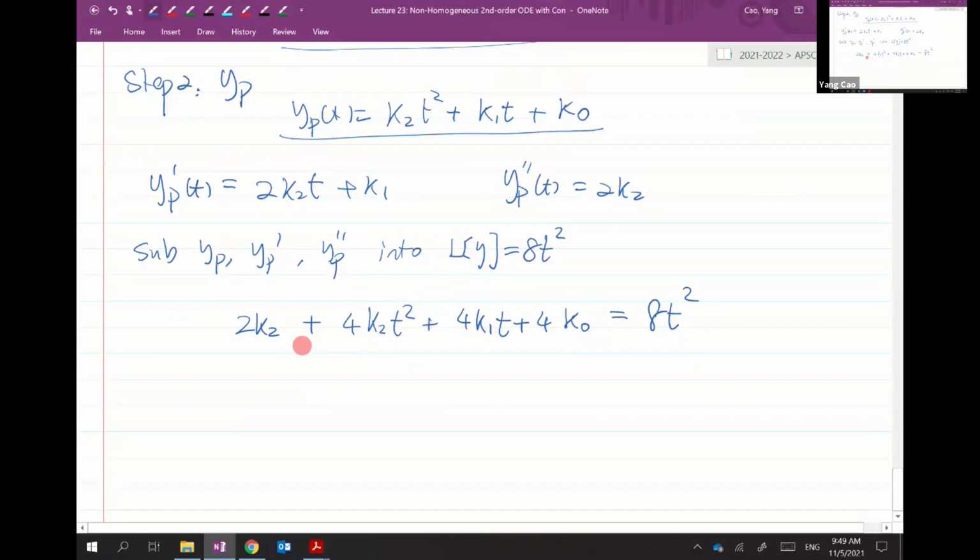We don't have too much to group, but this is your highest order term, this is your second highest order, first order term, and then you got two constant terms, equal to at².